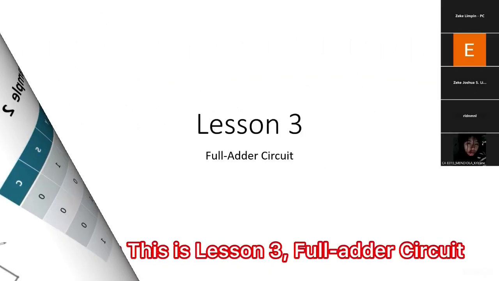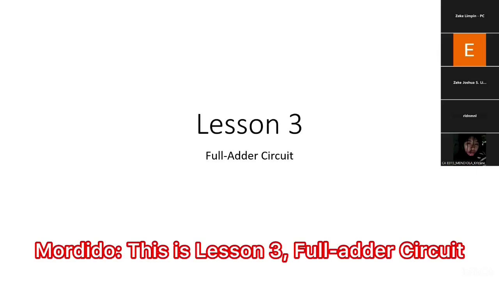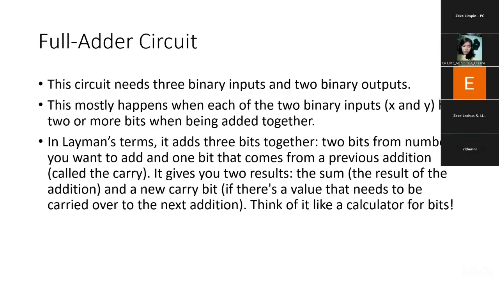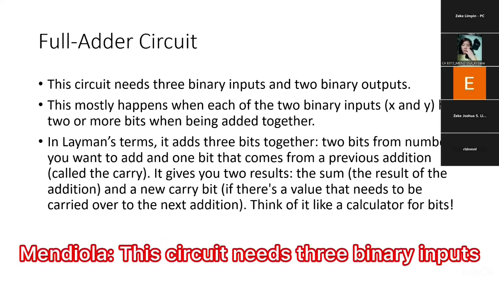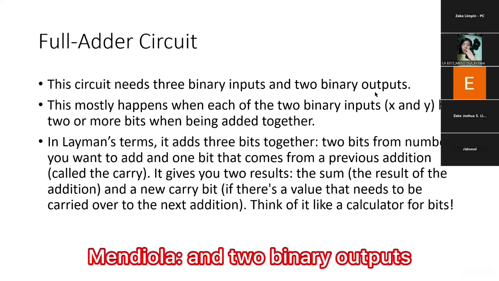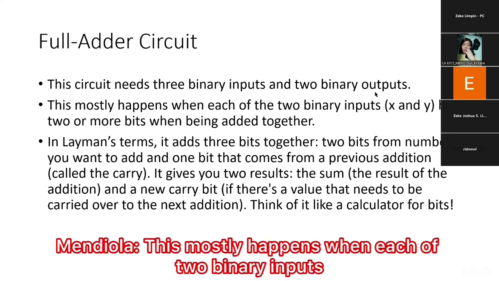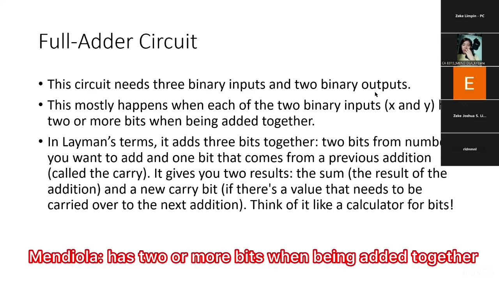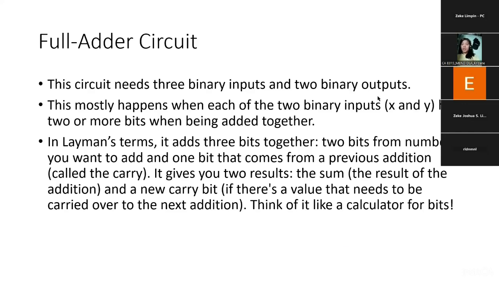Ganyan. Lesson 3, full adder circuit. This circuit needs 3 binary inputs and 2 binary outputs. This mostly happens when each of 2 binary inputs, X and Y, has 2 or more bits when being added together.